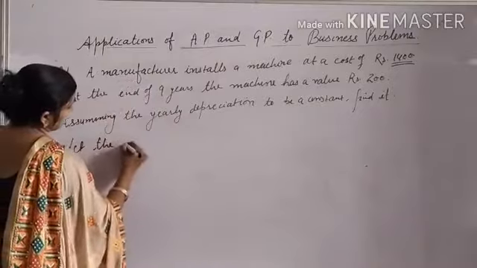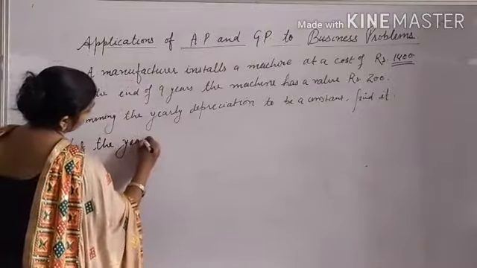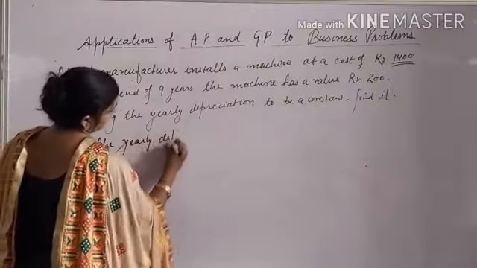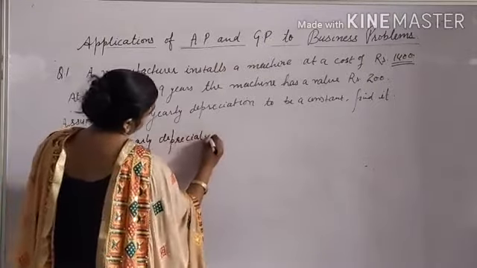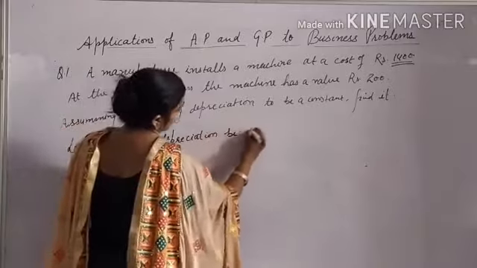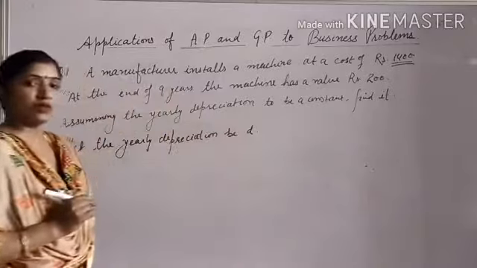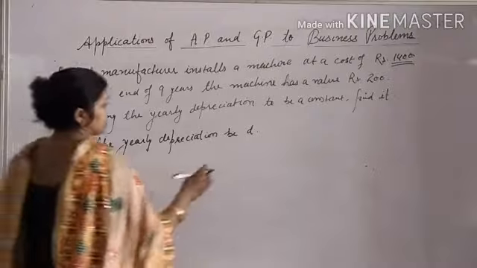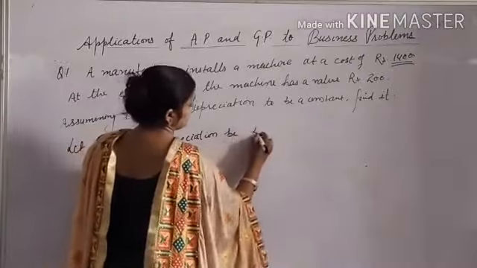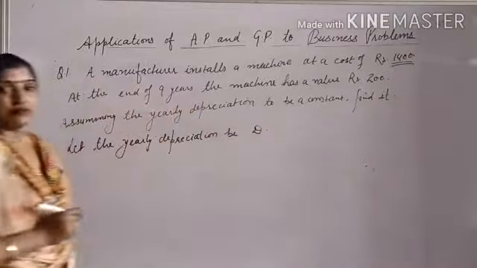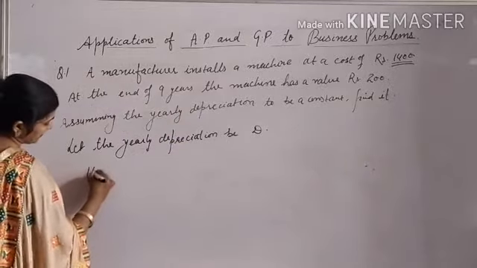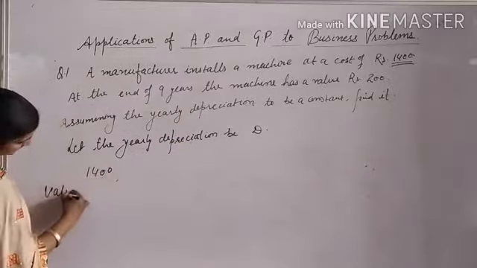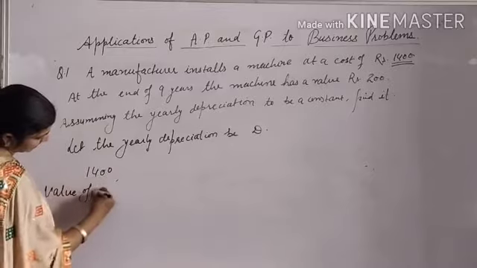Let the yearly depreciation be D, or you can say capital D. So the initial value of the machine is 1400.